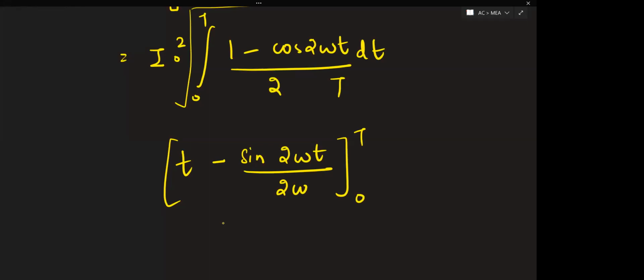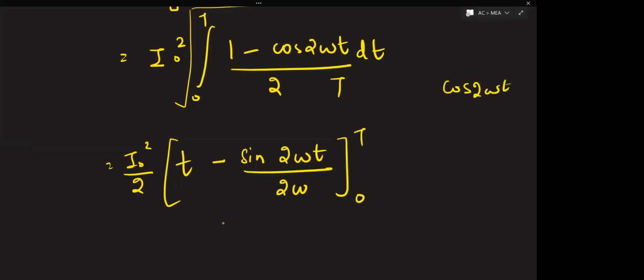I'm not writing the root right now; we'll put it under the root later. Over here, I naught square by 2 is kept. This 2 is because of the 2 in 2 omega t, which I have brought over here. So we have I naught square by 2 times 1 minus cos 2 omega t, and the integration gives you t minus sine 2 omega t by 2 omega.